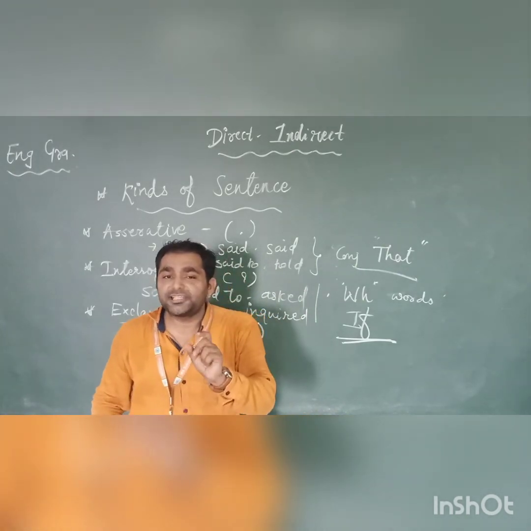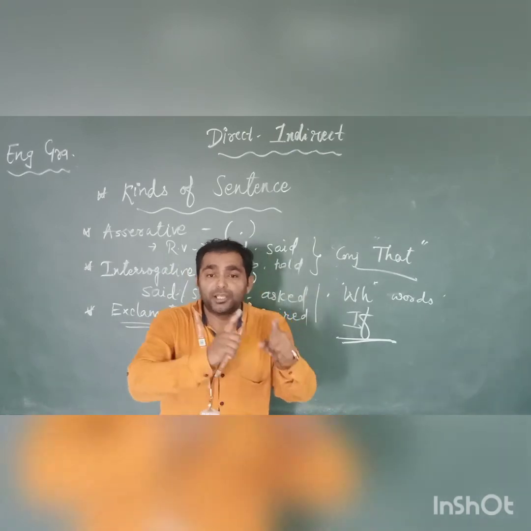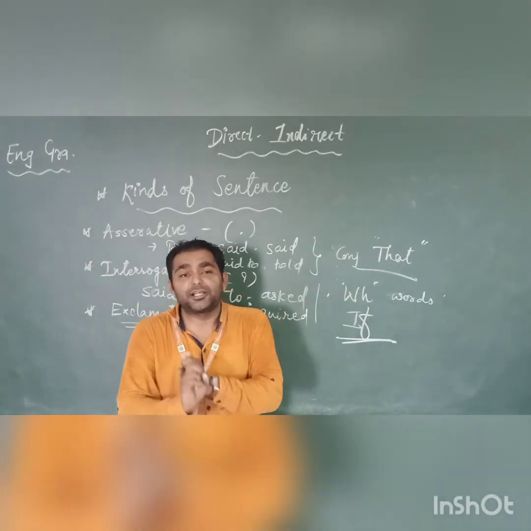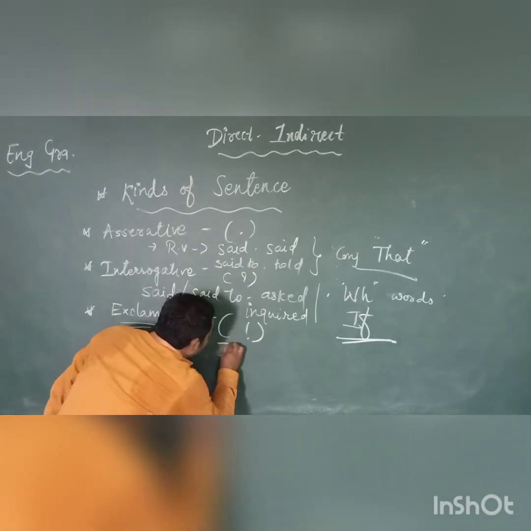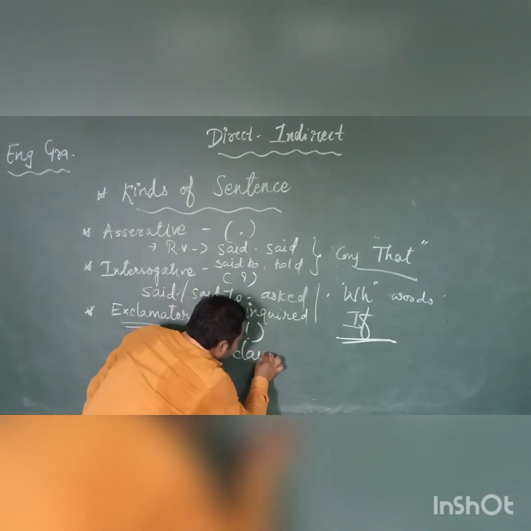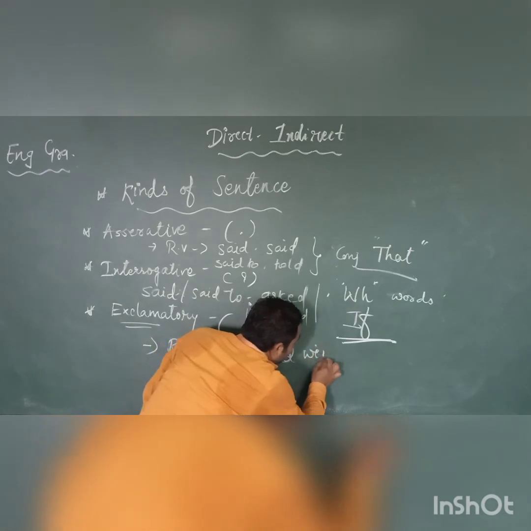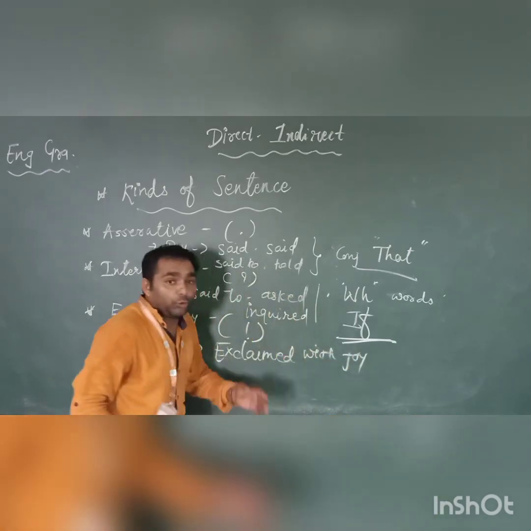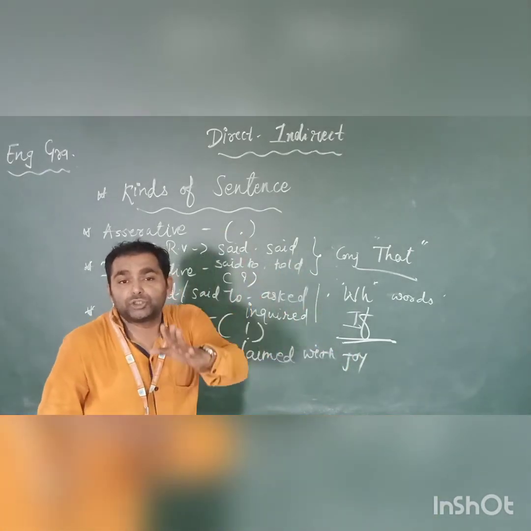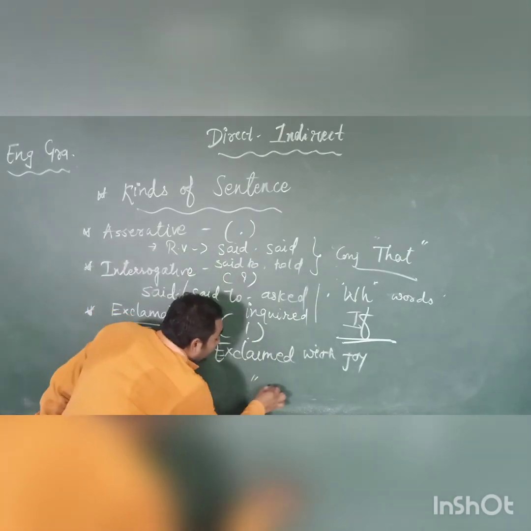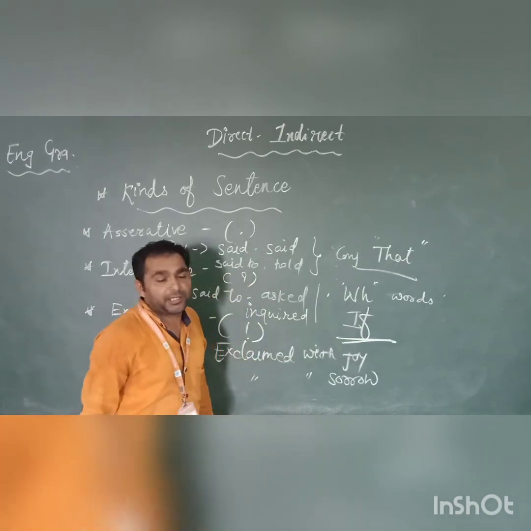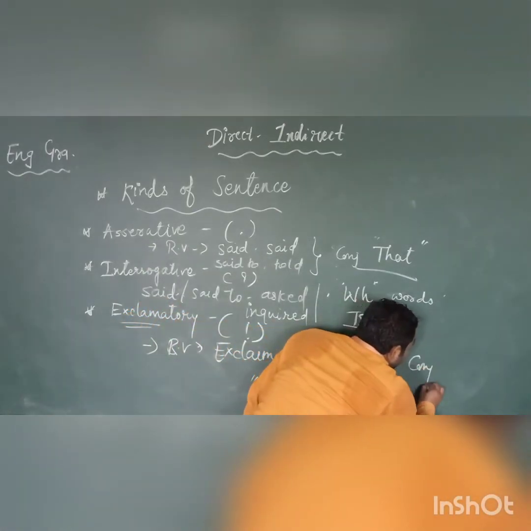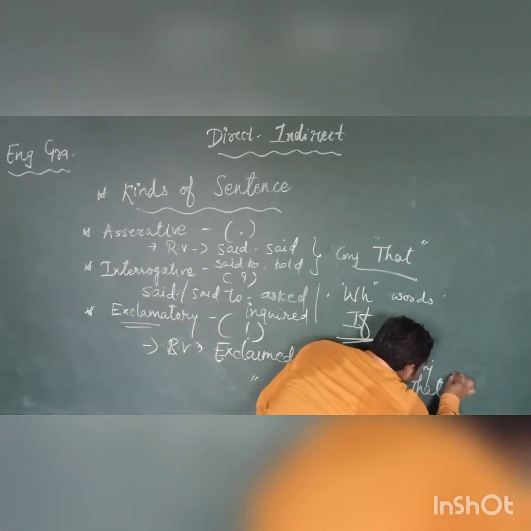If any good news is there, exclaim with joy, and if any bad news is there, exclaim with sorrow. Here as the reporting verb we are using exclaimed with joy. अगर कोई गुड न्यूज है, गुड न्यूज वाली बात है, तो वहां पे आपको एक्सक्लेम्ड विद जॉय लिखना है. अगर कोई बैड न्यूज है तो वहां पे आपको एक्सक्लेम्ड विद सॉरो लिखना है. एंड आपको कंजंक्शन यूज करना है दैट.